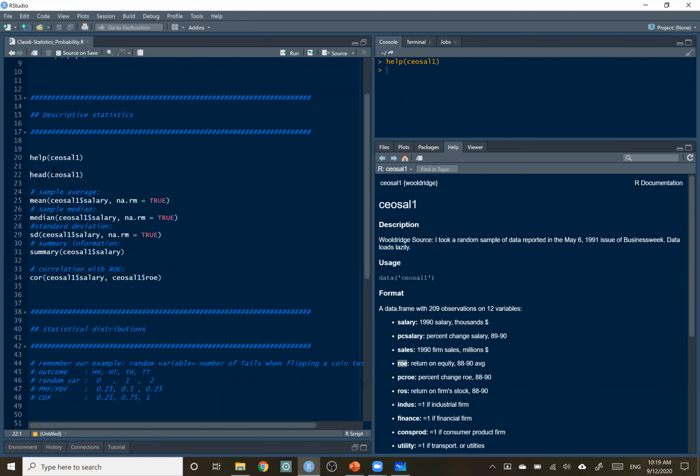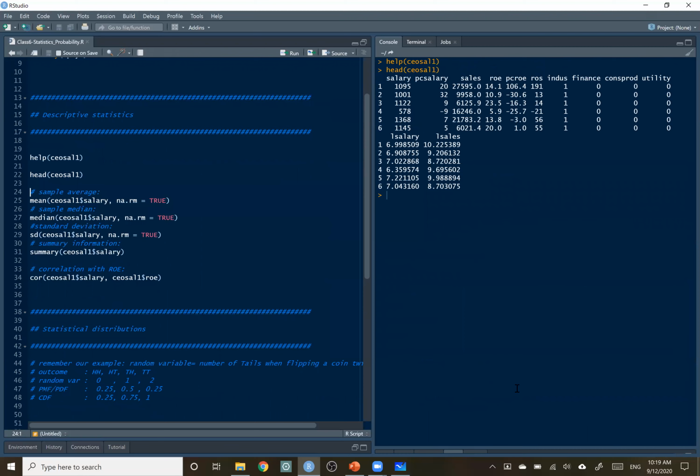Okay, we can look at the head of the data set. Again, for instance, this is CEO number 1, and these are in $1,000. So we're talking about $1 million here. So the salary of CEO number 1 is $1 million, and so on. And the return on equity for this company was 14%.